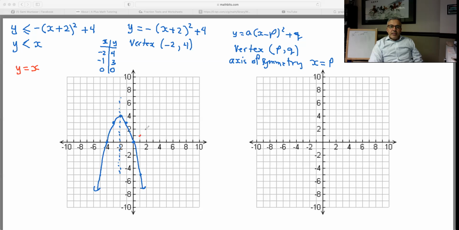So y equals x is a line where whatever the input is, the output will be the same. Then you just graph your straight line through here.